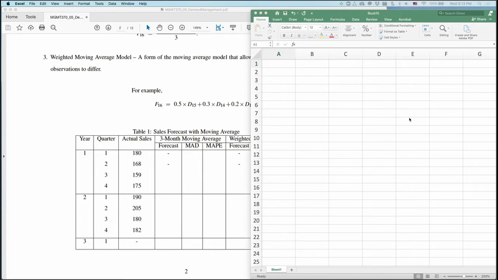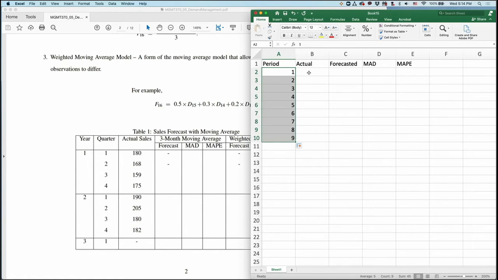So here, first of all, we have the time period information. We have actual sales, and we have the forecasted number. Then we might have MAD and MAPE. First of all, we have periods 1, 2, 3, 4, 5, up to 9.